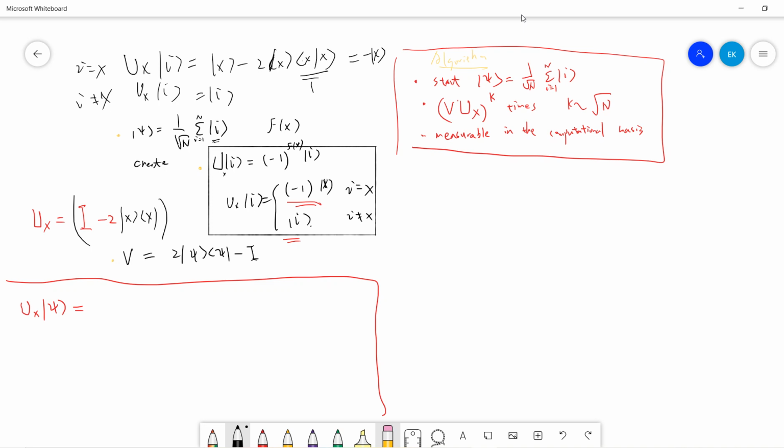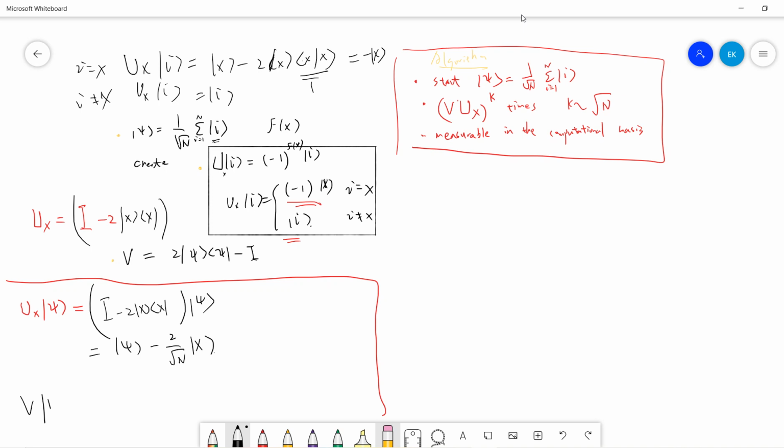So I can write Ux this way. So how about Ux acting on phi? A simple calculation: Ux acting on our beautiful phi will be phi minus, since x is only one component, 2 divided by square root of n times |x⟩.